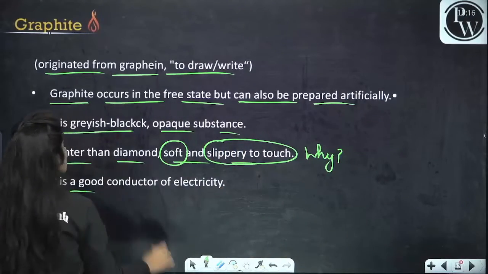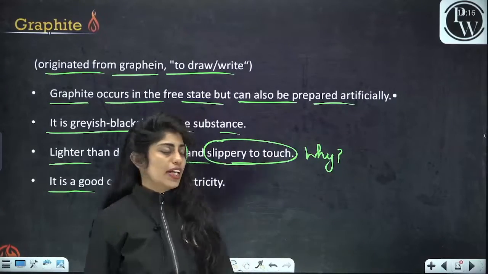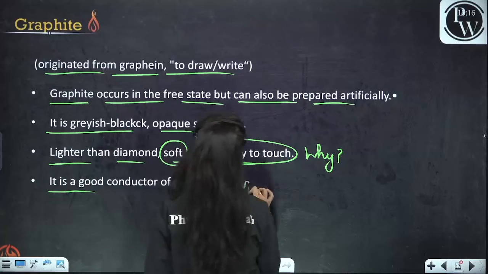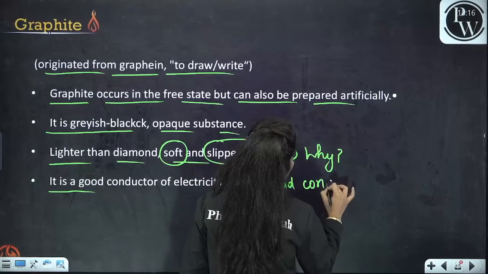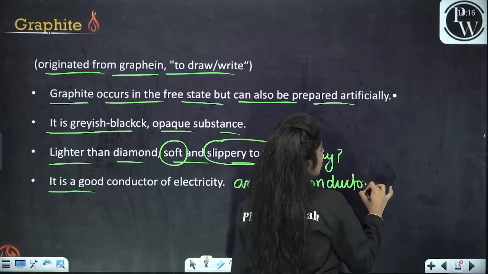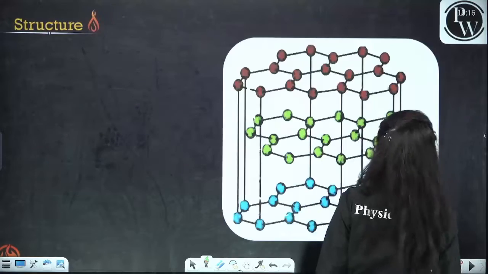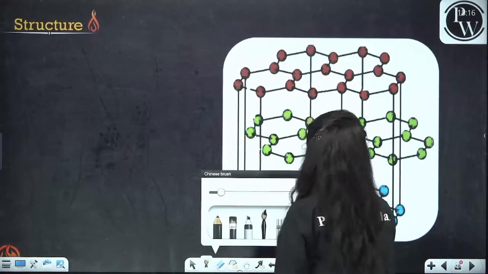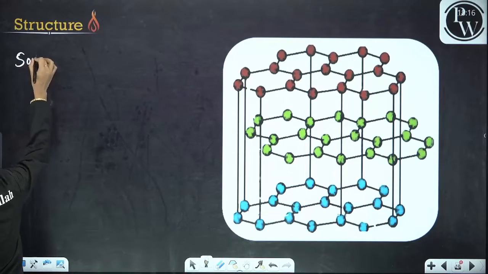Next, it is a good conductor of electricity and a bad conductor of heat. Now again, if I talk about why graphite is soft, why soft?